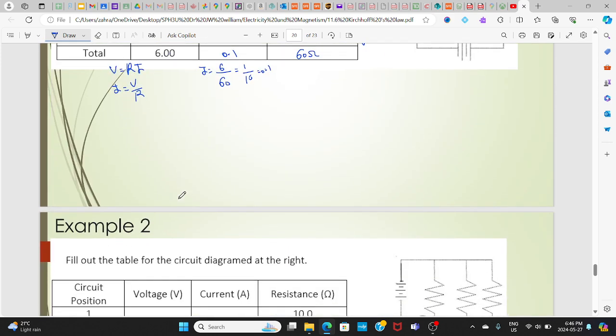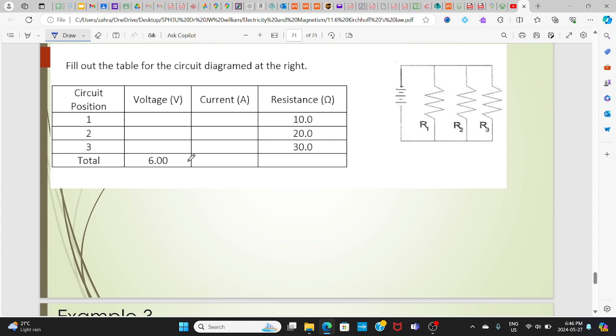That was a simple example for a series, now a simple example for parallel. We have resistances. The first thing we do, we need to find the total resistance. 1 over R total is 1 over 10 plus 1 over 20 plus 1 over 30. The common denominator is 60, which means this should be multiplied by 6, this multiplied by 3, and this multiplied by 2.